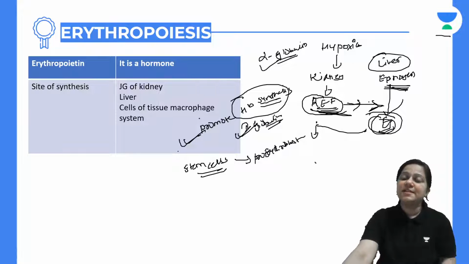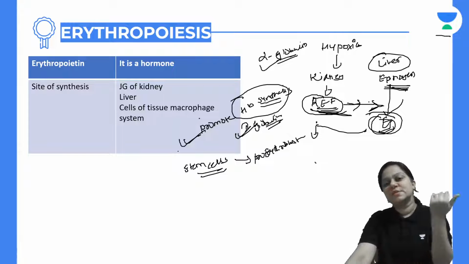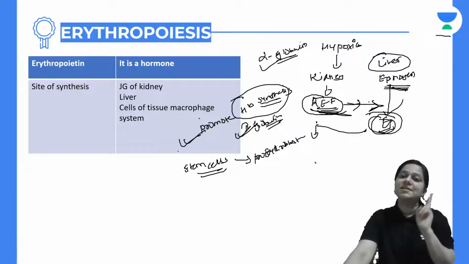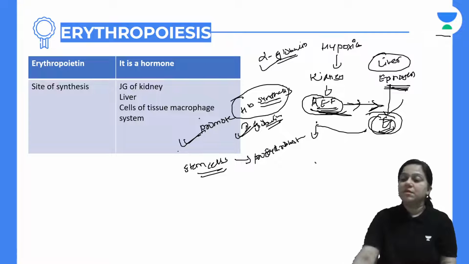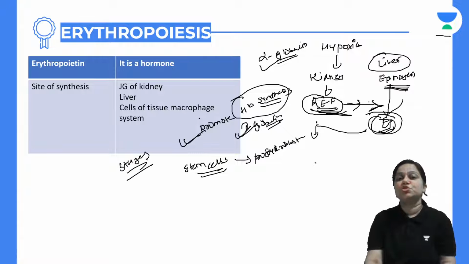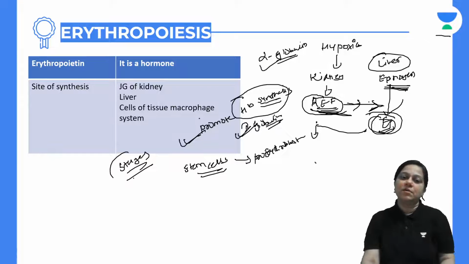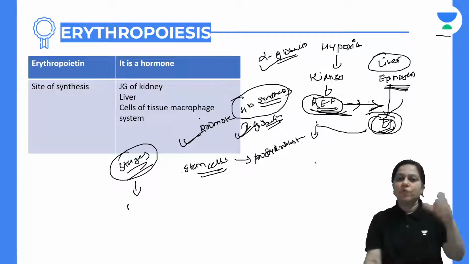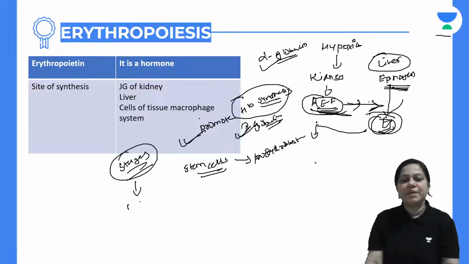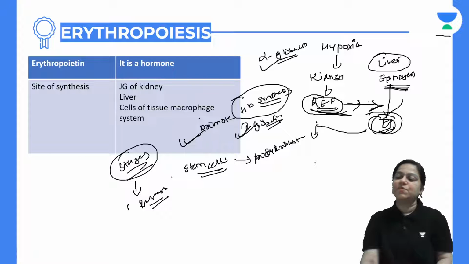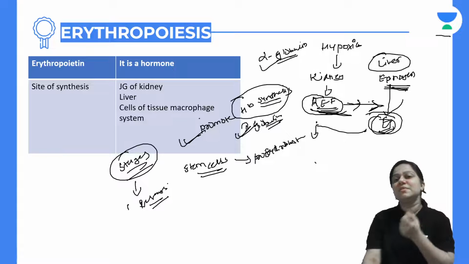So the first action is that it diverts more and more stem cells towards the formation of proerythroblast. Second, it promotes hemoglobin synthesis. Third, it promotes all the stages of maturation of the RBCs, so the overall duration of erythropoiesis is reduced. And fourth, it promotes the release of more and more RBCs from the bone marrow into the peripheral circulation.